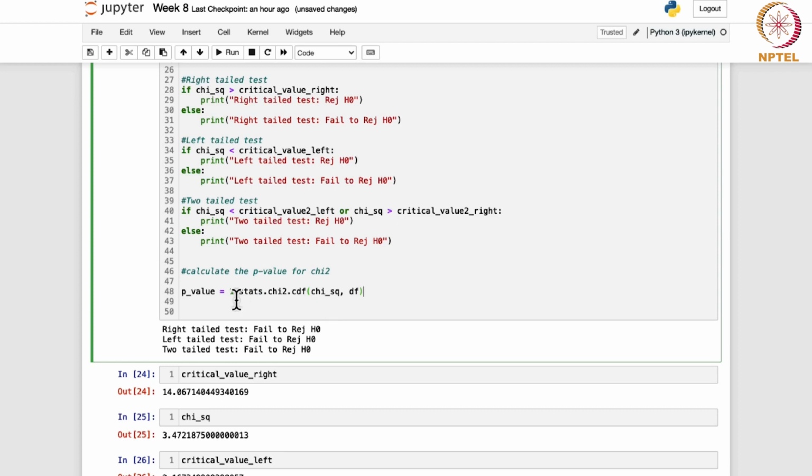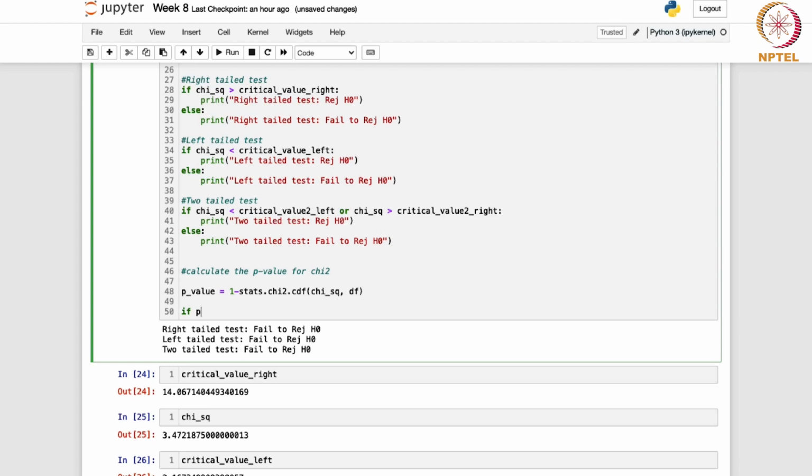And since we are interested in the tails, we need to find the probability of observing a chi-square value as extreme as what you have already observed. So you subtract it from 1 and you will get your p-value. Now you have to check if p-value is less than alpha or not.